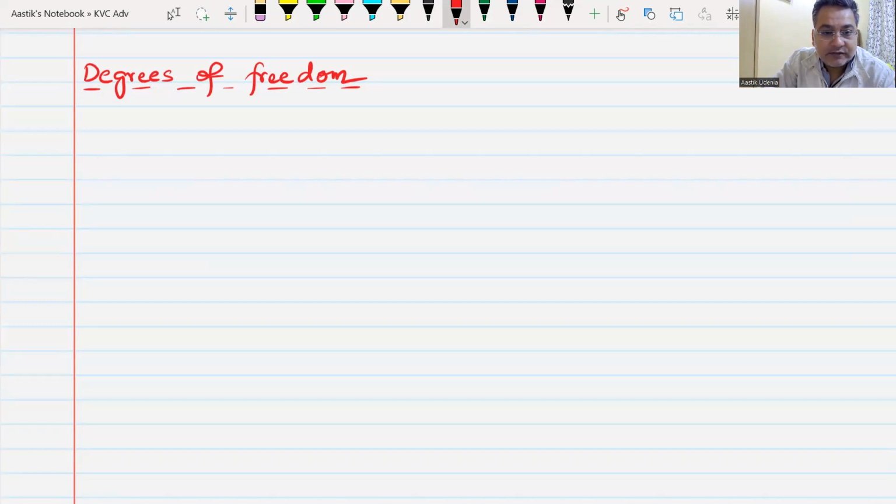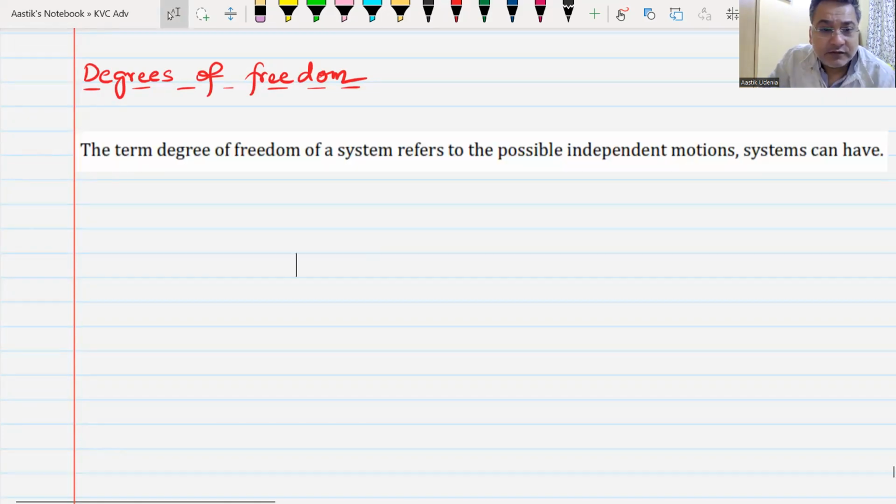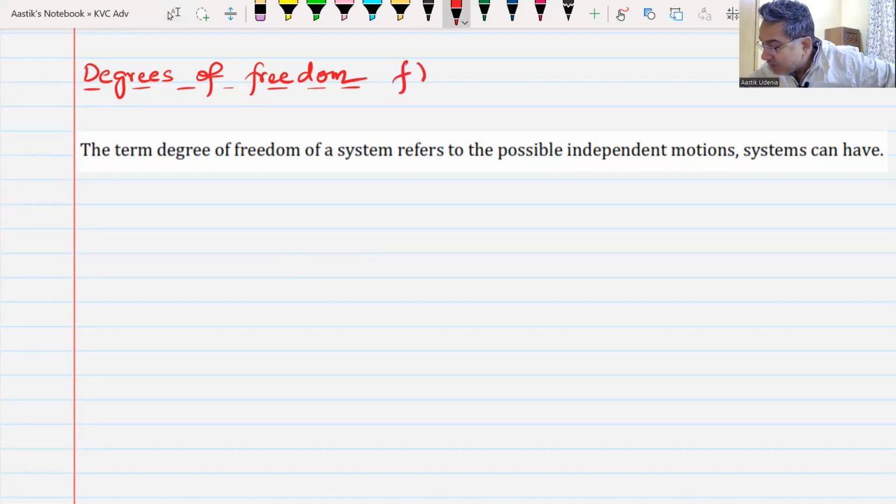What do you mean by the term degrees of freedom? The term may refer to the number of possible independent motions a system or a gas molecule can have. This is normally written by the small letter f.